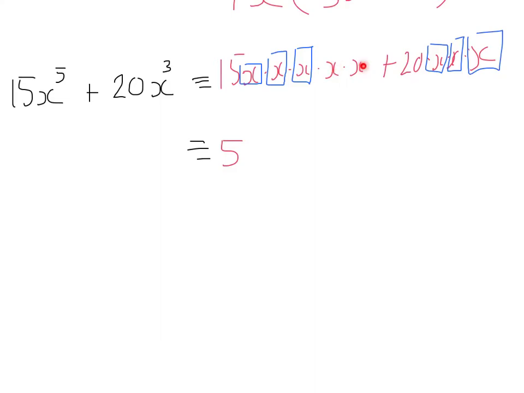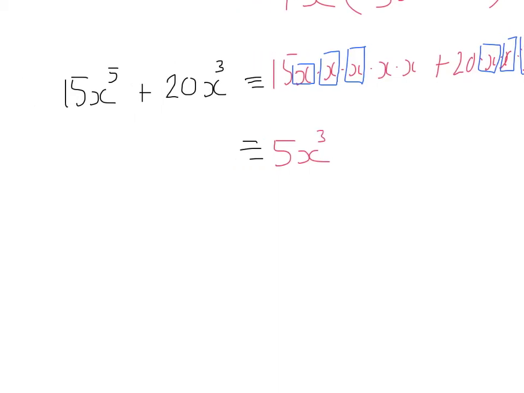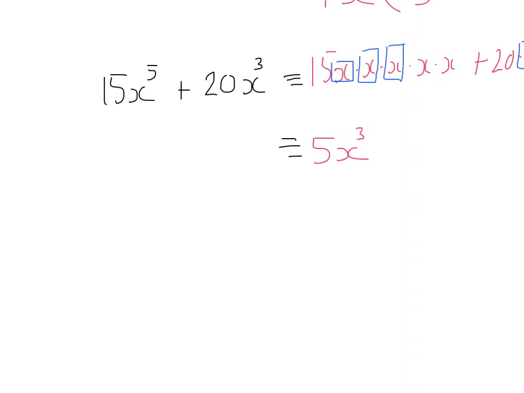I've got two x's left here, but I've got nothing on the right hand side to pair it up with. So that's x times x times x, so that's x cubed. I'm now going to return to the original expression and divide both terms by 5x cubed.